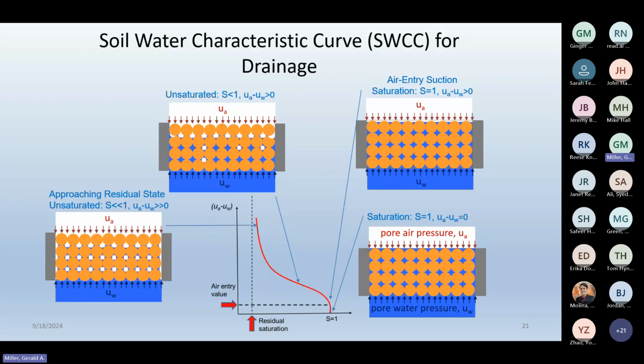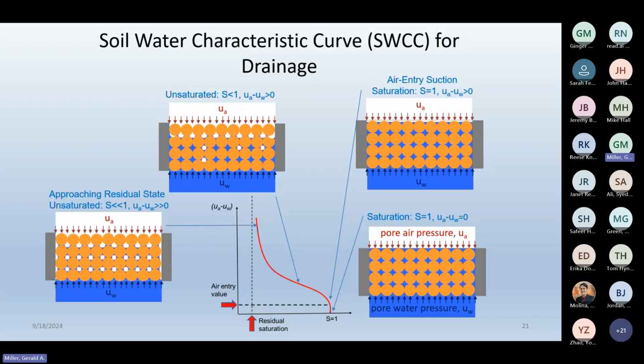In a typical soil water characteristic curve drainage test, you start with a drained condition down here in the lower right side. That's a saturated state. And so to change that suction, u_a minus u_w, there are different ways to do that.